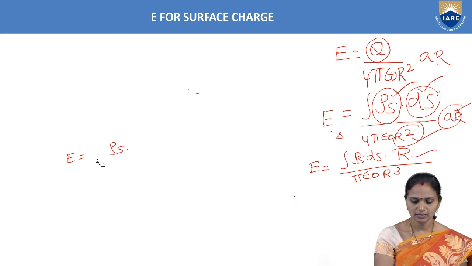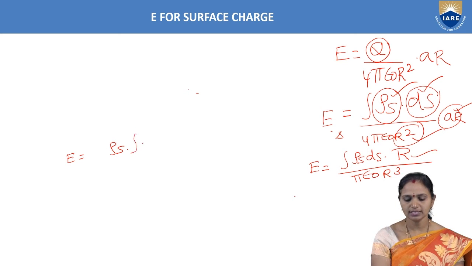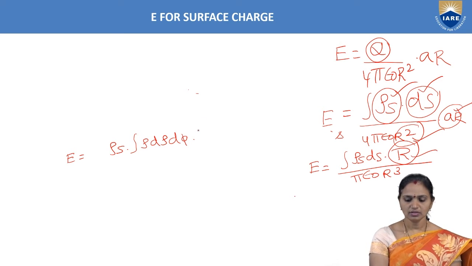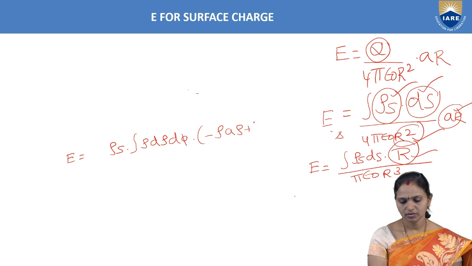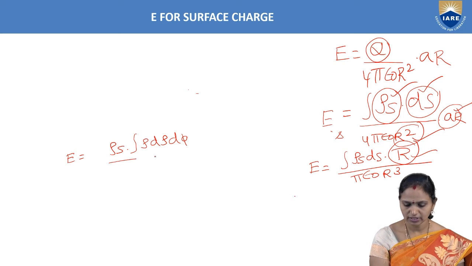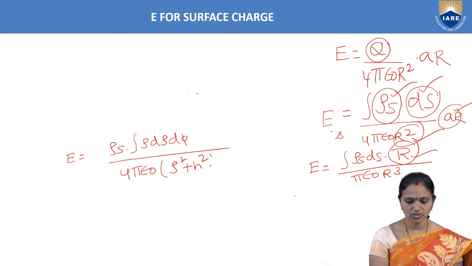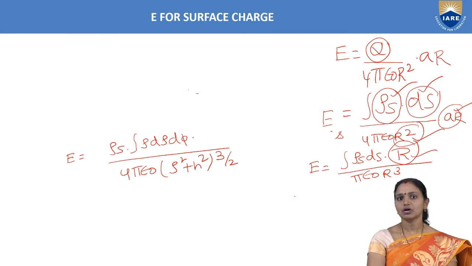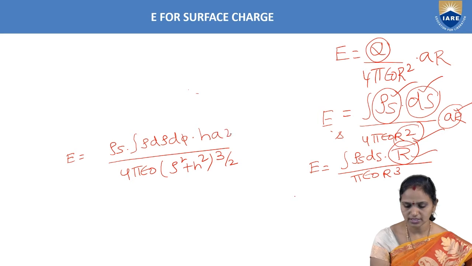In place of integral ds we can write integral rho d phi into r component, the displacement vector or position vector r equal to minus rho arrow plus h az, divided by 4 pi epsilon naught, r cube is rho square plus h square whole to the power of 3 by 2, into, as the minus rho arrow component is getting cancelled, I am taking only the z component, h.